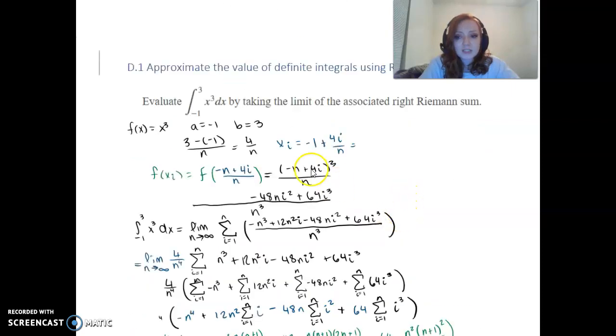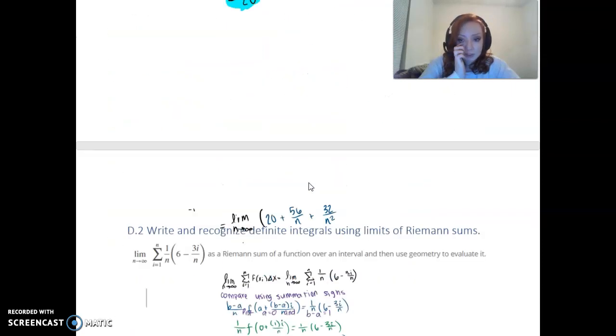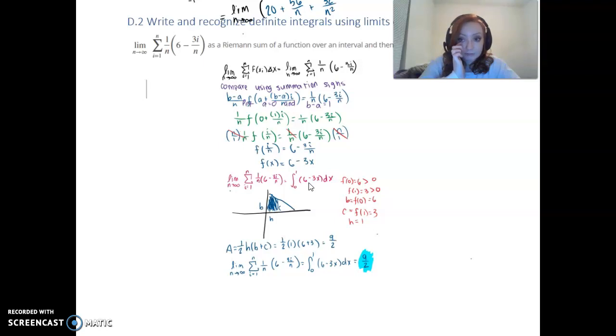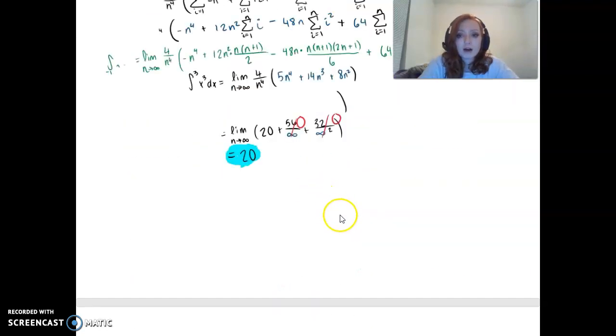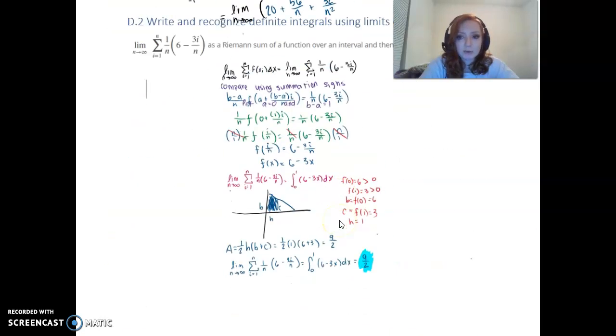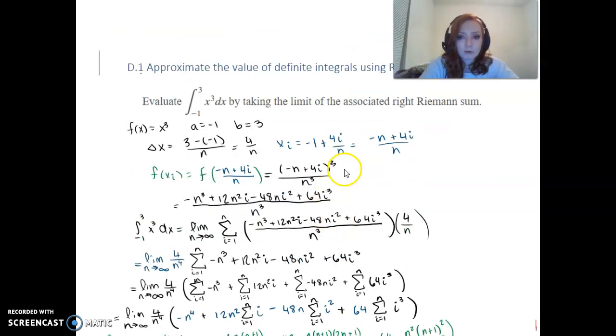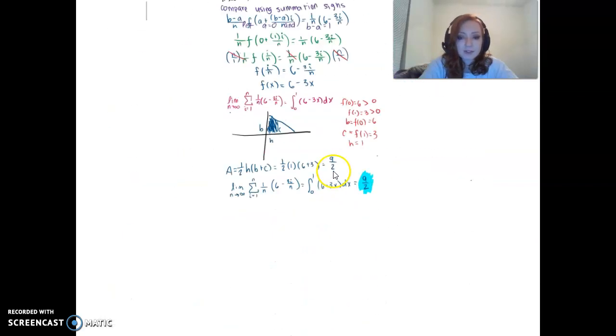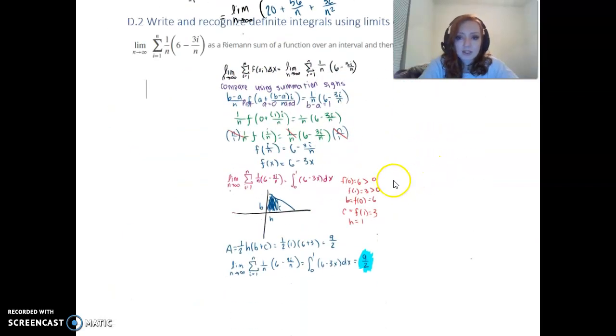So D2 was this one, and then D1 is down here. So above this is D2, and then this one is D1, which was to evaluate definite integrals using Riemann sums.